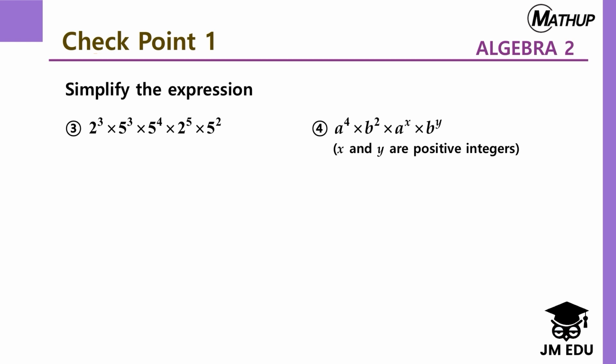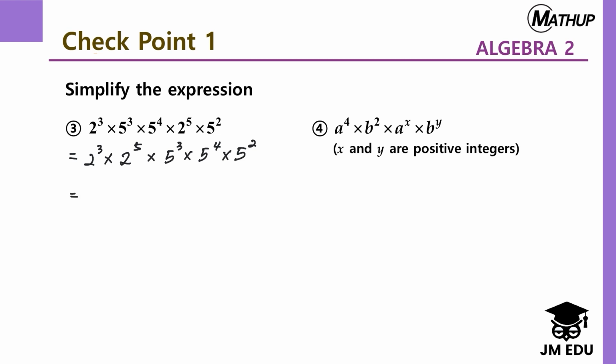Number 3, we have two numbers with the base 2, and 3 numbers with the base 5. So let's rewrite these numbers with the same bases. So we have 2 cubed times 2 to the power of 5 times 5 cubed times 5 to the power of 4 times 5 squared.